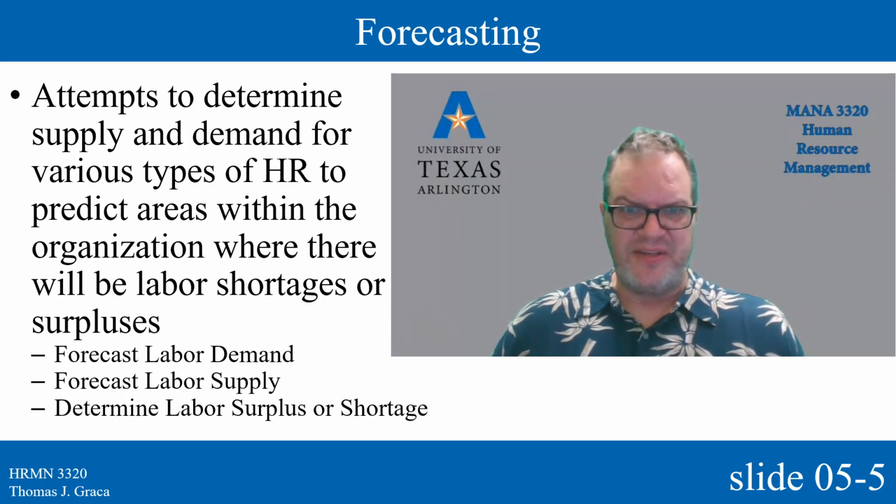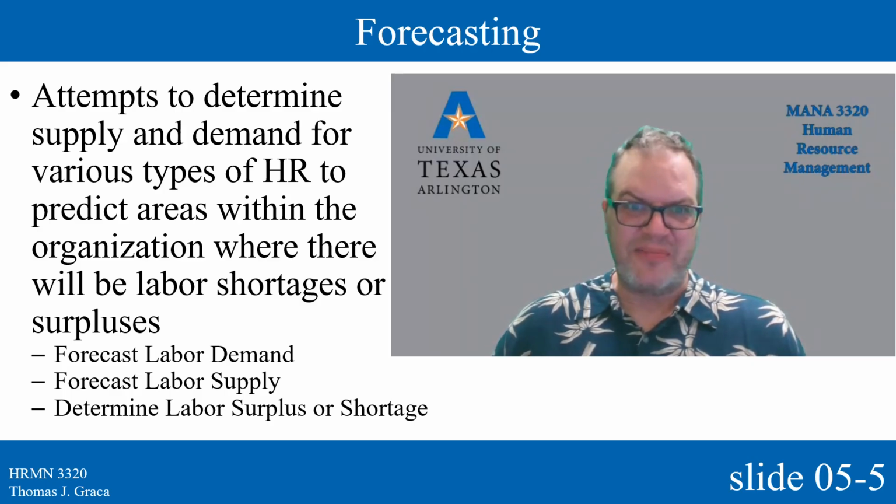Because the surplus or shortage is what tells us whether we need to do something to decrease our labor force, or if we need to look outside in order to augment, in order to add to it.